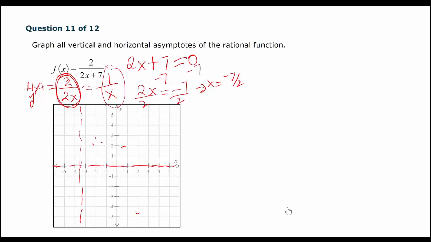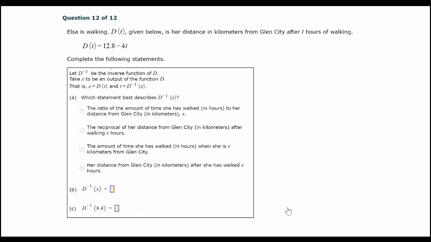Awesome. Let's look at the last question. Ella is walking. D of t given below is her distance. So D represents her distance in kilometers. T represents the time she walked, so hours of walking.